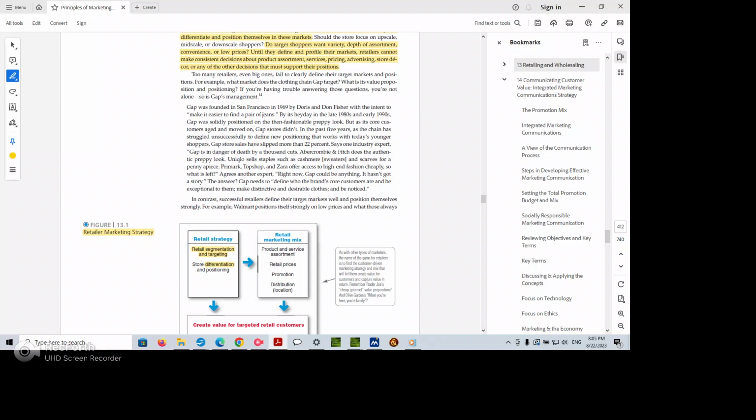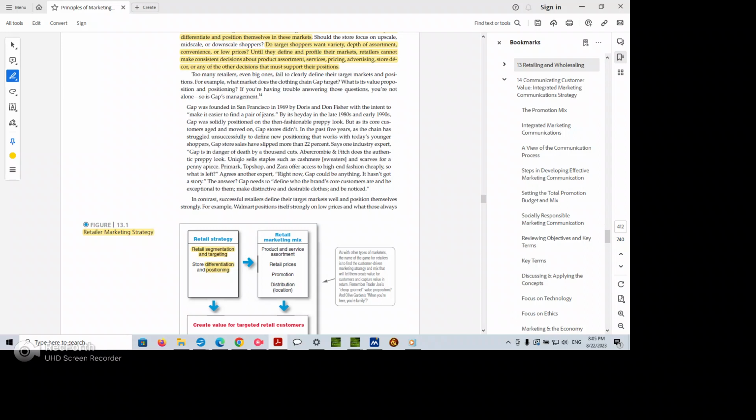That's the differentiation. And then our positioning is the value that different car has from the perception of the consumer. So positioning is to communicate the unique value to the consumer.